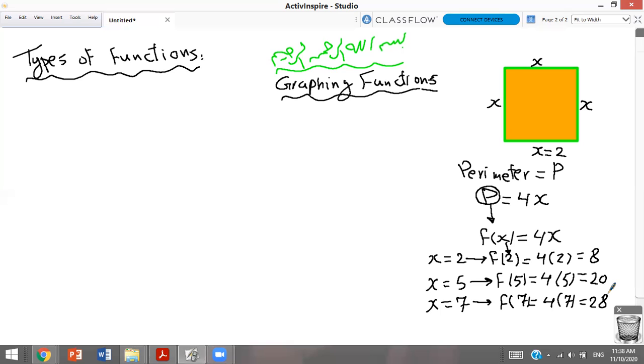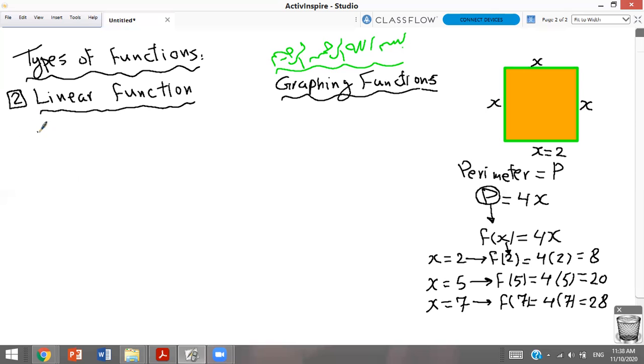Then let's take the second type, linear. About linear function, yesterday we took the general form of constant functions, f of x equals c.